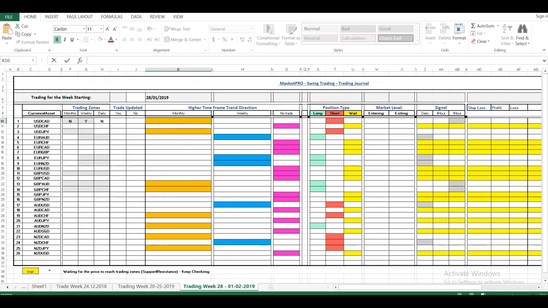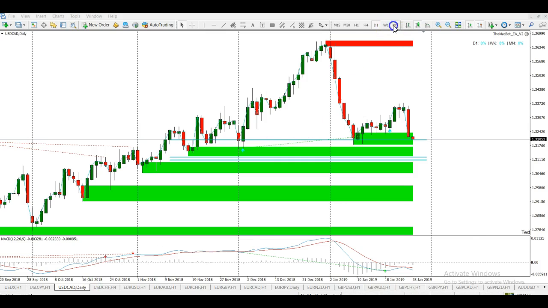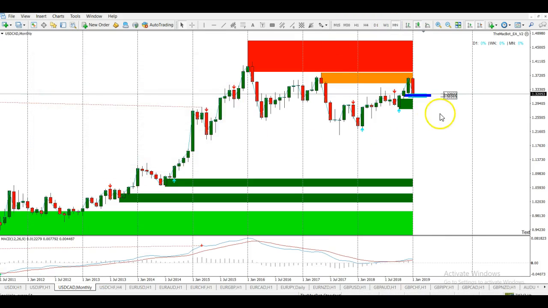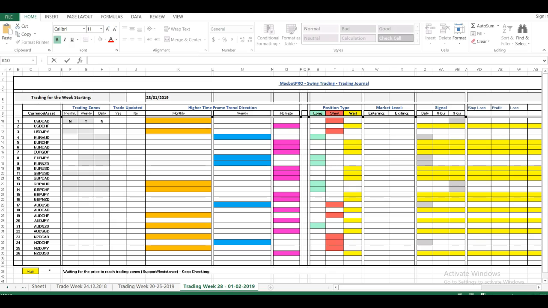The monthly time frame, monthly trend direction, is just sideways. Okay, there's no real trend, it's just sideways at the minute, so it's just bouncing between here and here. So I'm just going to move sideways.